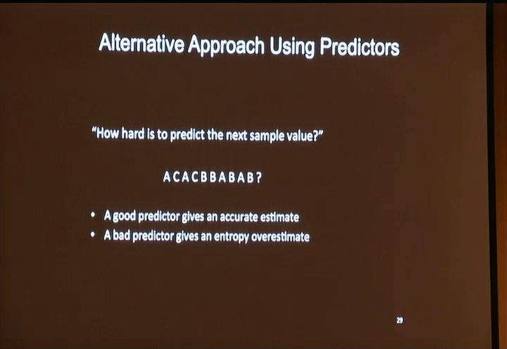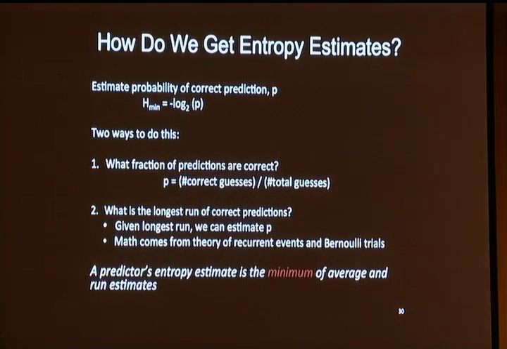If we have a good predictor, it will give us an accurate entropy estimate, and if we have a bad predictor that doesn't fit our model, it will be an overestimate. But if we look at many different predictors and take the minimum one, we hope to get close to the actual value. So how do we do?